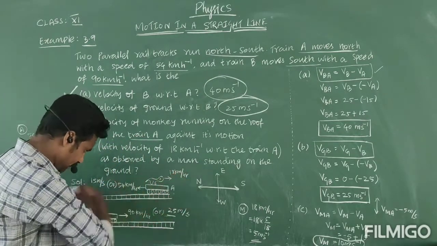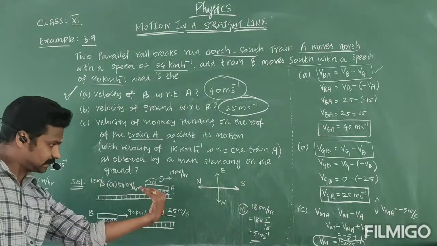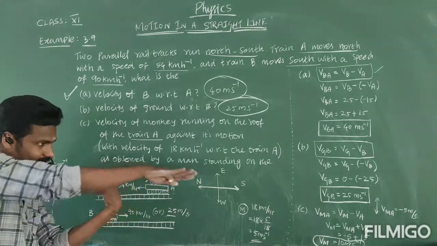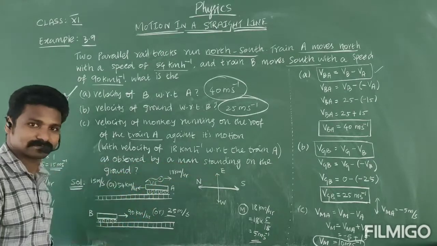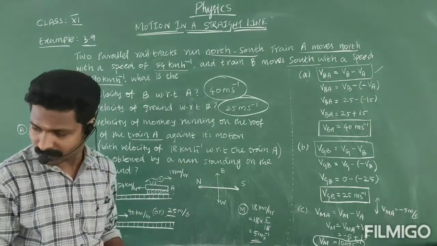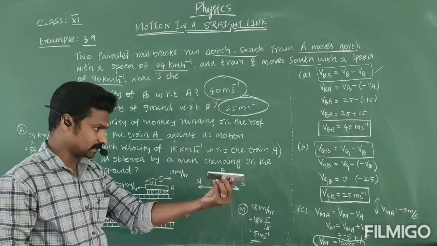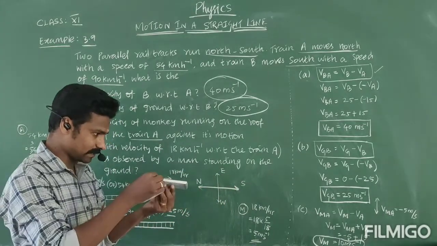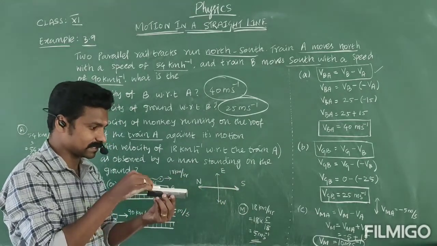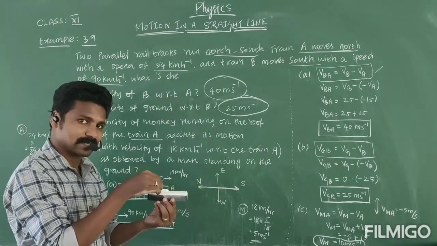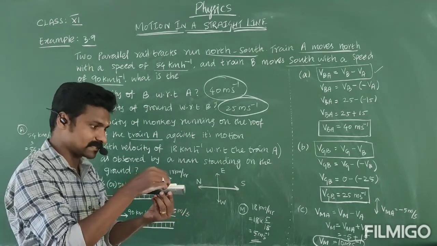So if the train is moving this way, train direction towards north means the monkey direction is towards south. The train is moving this direction, the monkey is moving this direction. Okay, train towards north, but monkey towards south.